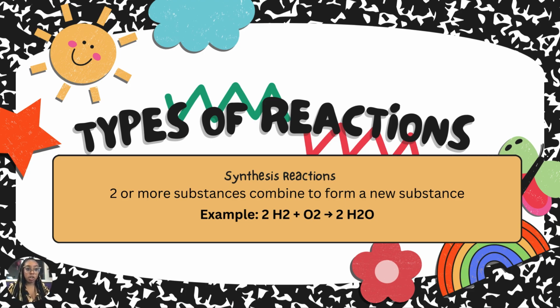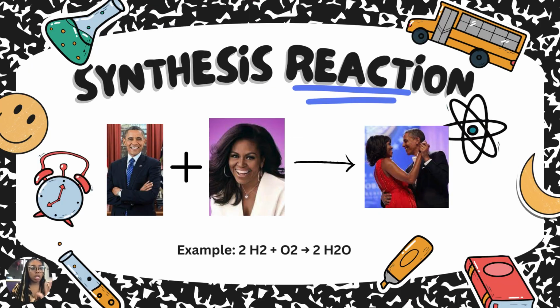Now, that is for those of you that understand things on a scientific level. Now, for those of us that need a little bit more of a breakdown, you have here Barack Obama, who will be considered a single element, okay? So at some point in his life, he was single. And then you have Michelle Obama. She would be another single element.